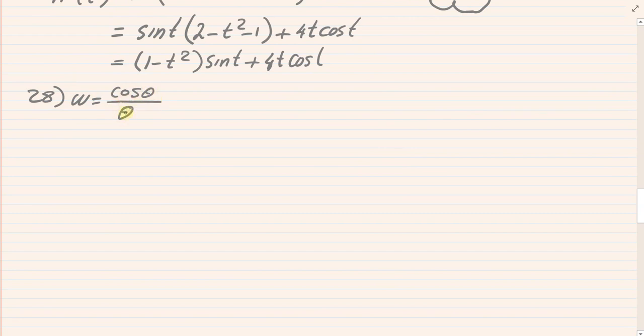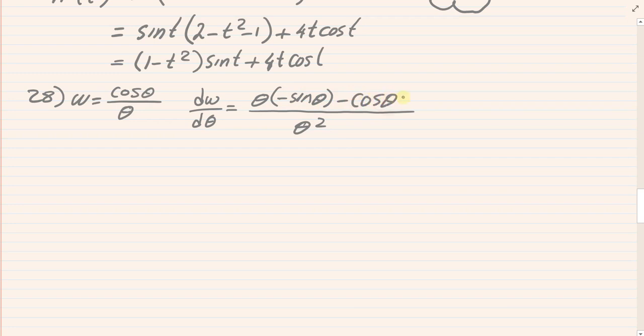Very simple expression. Now again, notice though it's a mixture of trig and non-trig. So dw d theta, just to be different, you can go w prime. So it's going to be the denominator, you square it, repeat the denominator, derivative of cosine is negative sine theta, minus, and then the numerator times derivative of theta, which is 1.